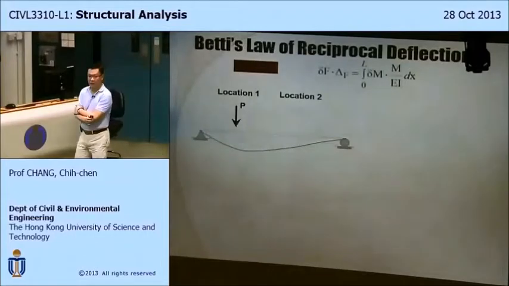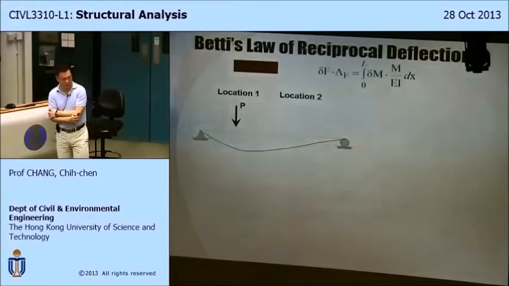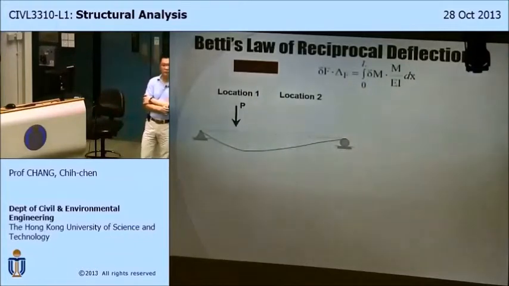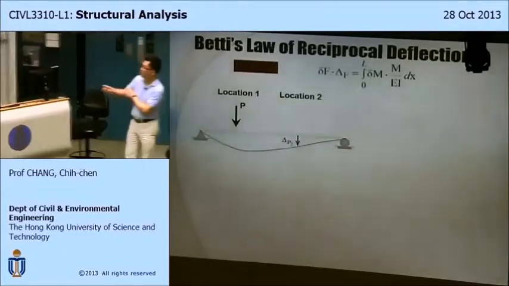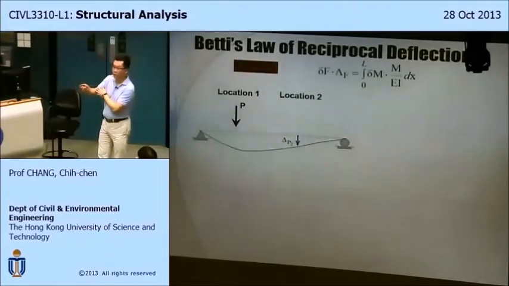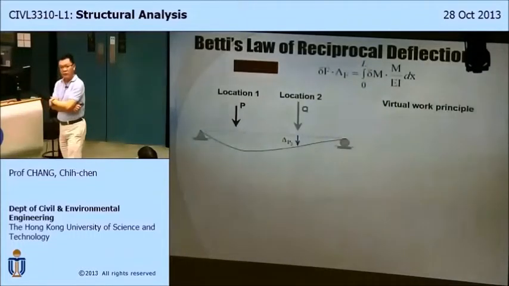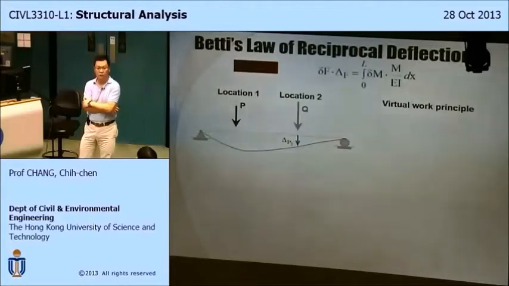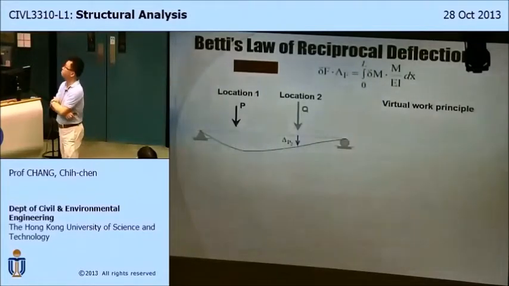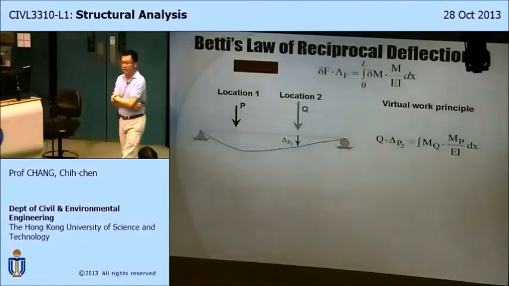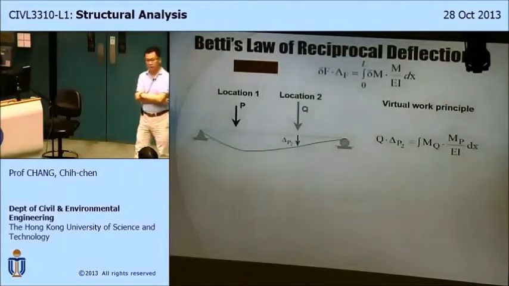I want to calculate the deflections at location 2. Then, based on the virtual principle, this is what we need to do. I want to calculate this due to the loading of P. So according to the virtual principle, I need to apply a virtual force there. And I need to do 2 separate analyses, right? And the equation is this, virtual work principles.